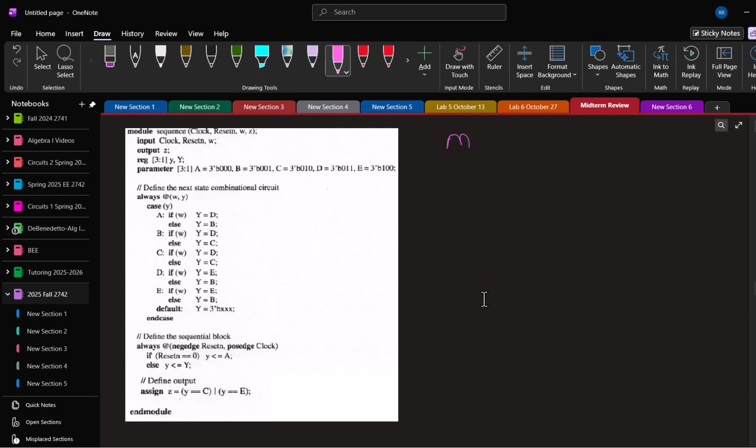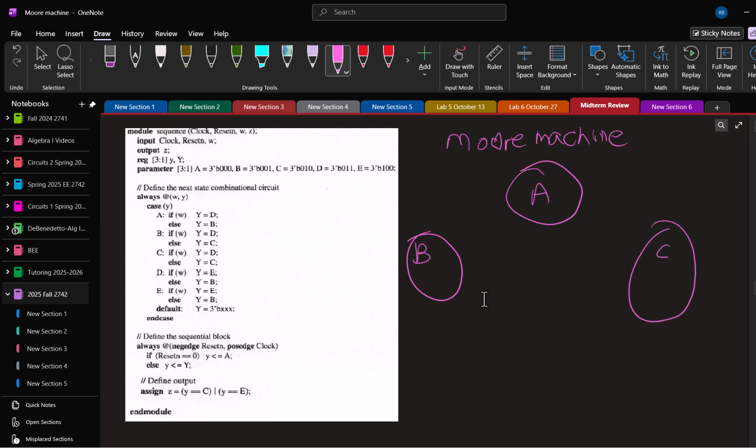That tells me this is a Moore machine, which means I'm going to write the output on the states themselves, not on the arrows like I did on the last one. I see I've got 5 states, A, B, C, D, and E.